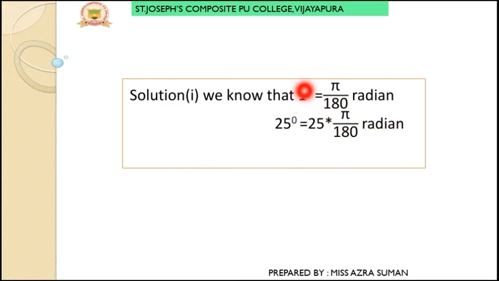See, this is the formula for 1 degree. Similarly, for 25 degree it is 25 into pi by 180 radian. Now we have to simplify this. You will get 25 degree is equal to 5 pi by 36 radian, which is the required answer.